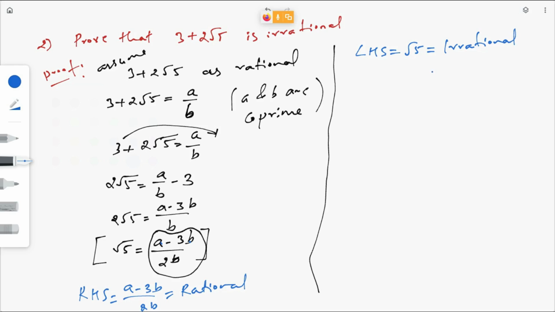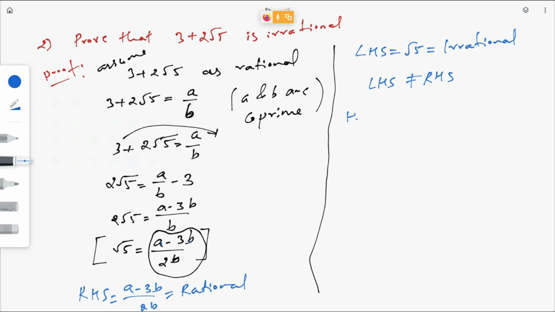You can directly take root 5 as an irrational number. So LHS is not equal to RHS, because an irrational number can't be equal to a rational number. Yes or no? Yes, sir.